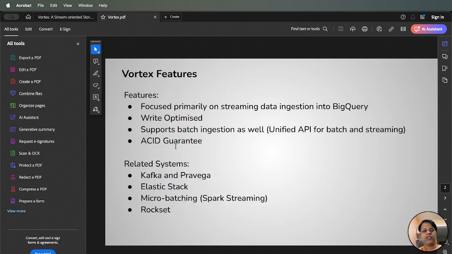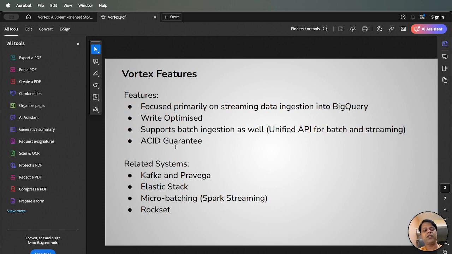So let's see what the features are. The primary focus is on streaming data ingestion, so that as and when the data comes in, with minimal latency, it should be available for querying downstream. Because the focus is on ingestion, it has to be write optimized. BigQuery is mostly performing analytical queries on huge amounts of data, so it is basically read optimized. On huge data you can query faster, but the Vortex feature is write optimized.